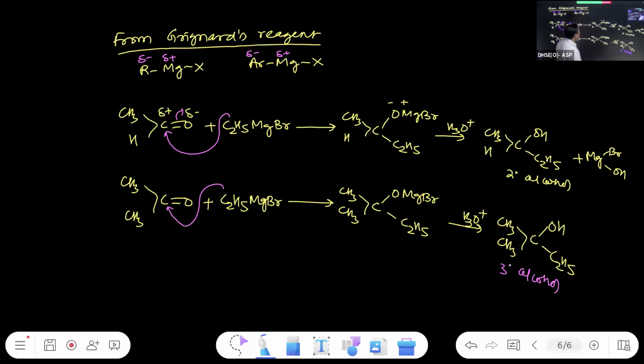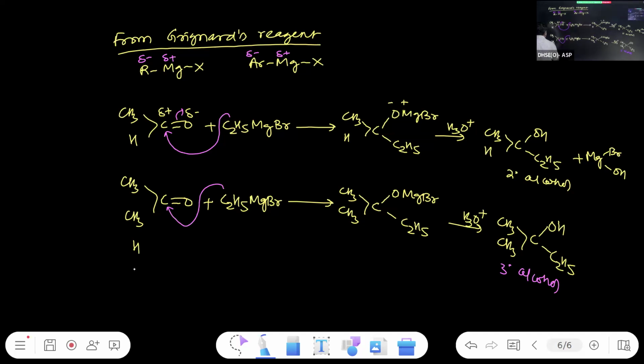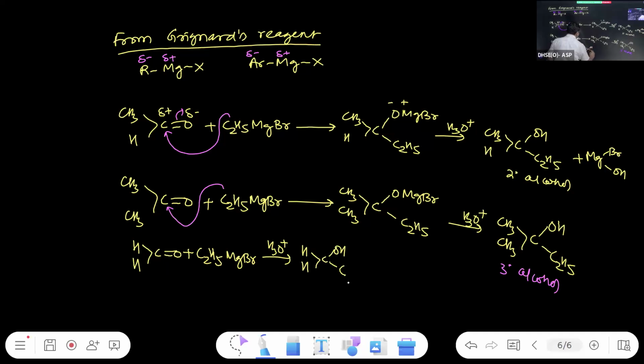Now the question is, can we prepare primary alcohol? Yes, we can prepare primary alcohol. How do we make primary alcohol? From formaldehyde.